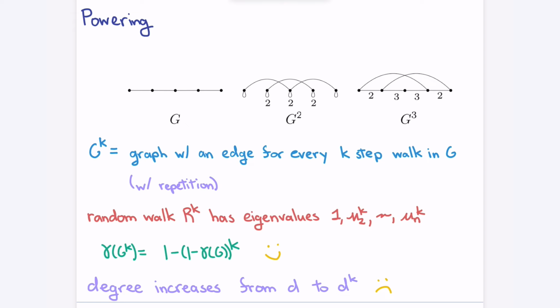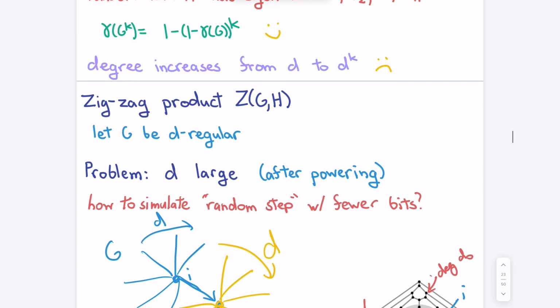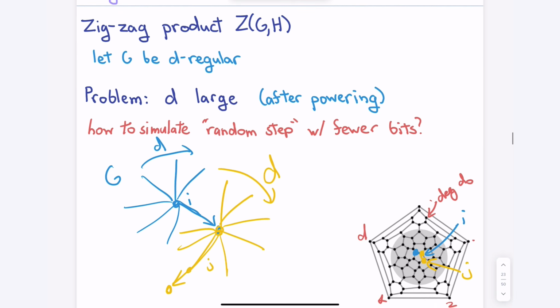To counteract that, we have the incredible zigzag product. The high-level idea is this. You're worried about the graph's degree being too large. Maybe it's still constant, but now it's a large constant. Taking a random step in this graph will require a few too many bits.